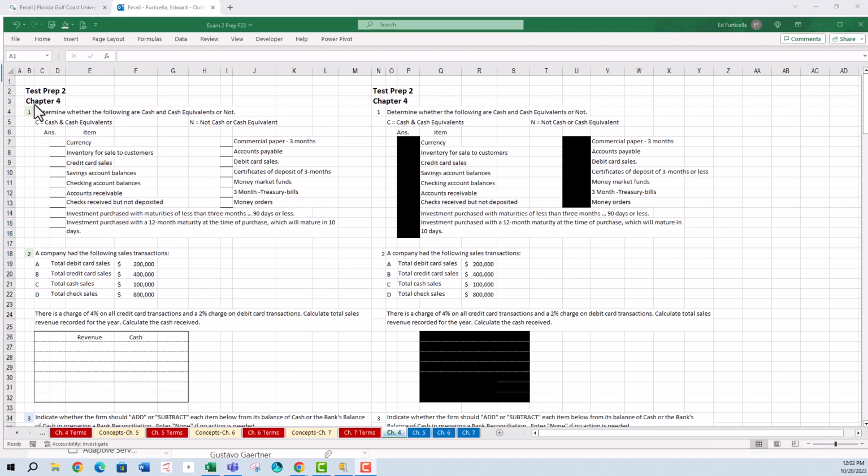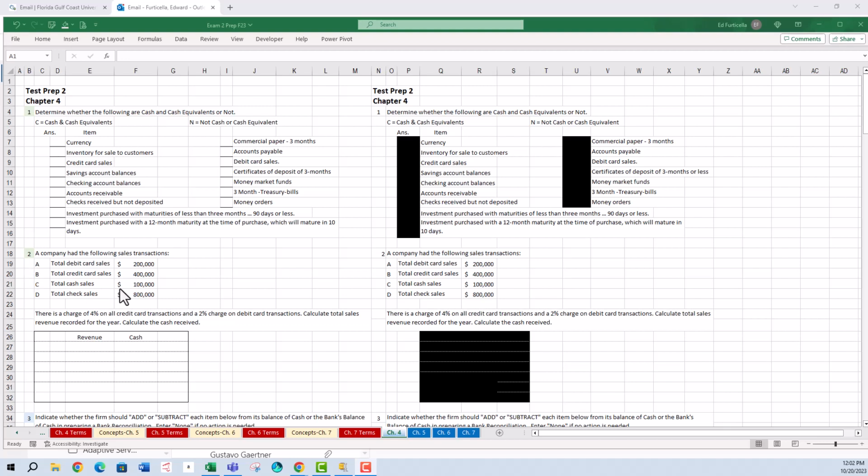Now let's finish our review of Chapter 4 by looking at the Chapter 4 blue tab that has drills related to each of the concepts we've just discussed. The first two drills deal with cash and cash equivalents, cash receipts, cash disbursements.